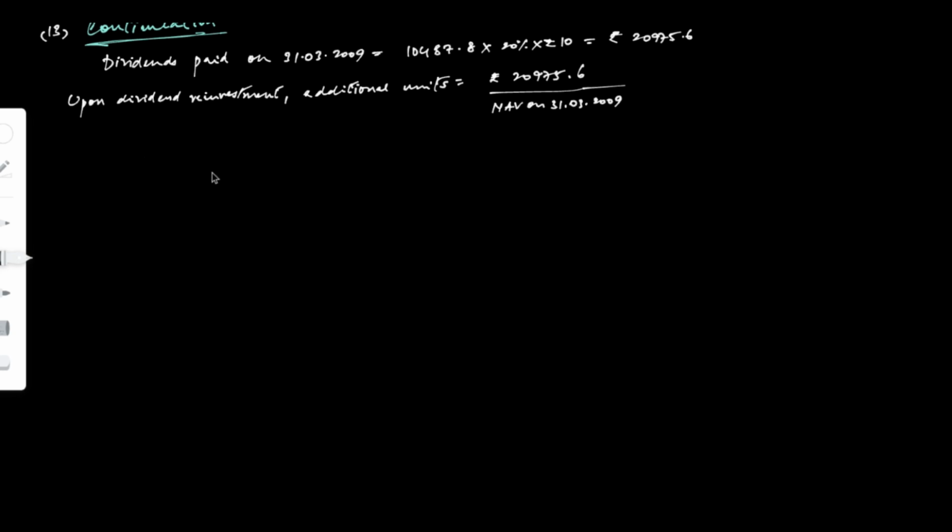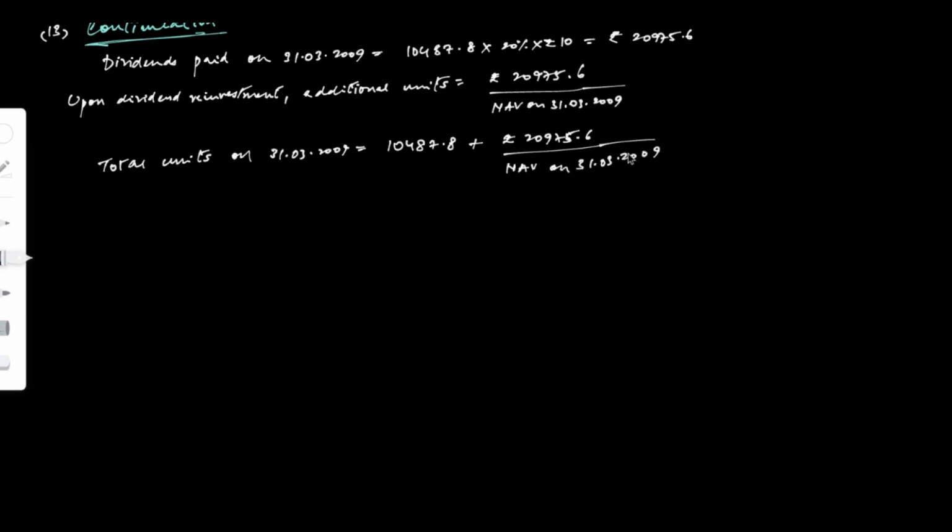So total units on 31/03/2009 is 10,487.8. This is the units on 31/3/2008 plus additional units, that is rupees 20,975.6 by NAV on 31/03/2009, right?